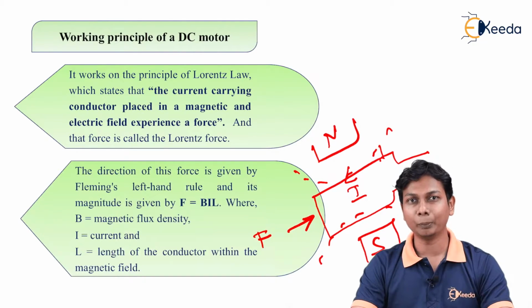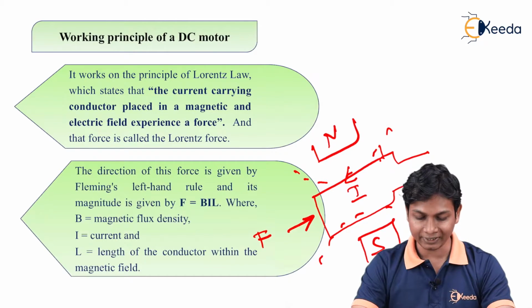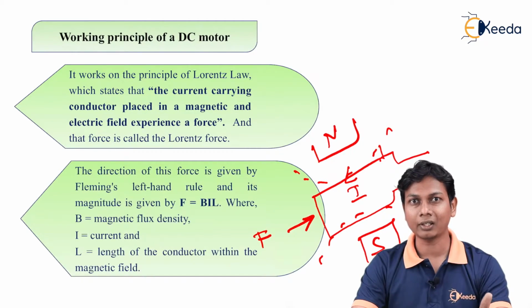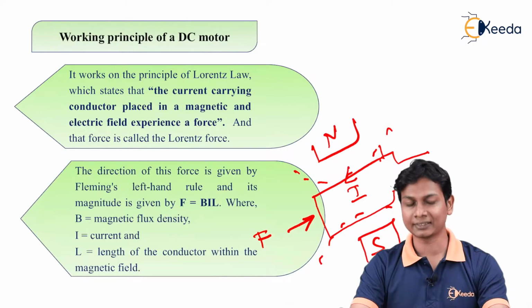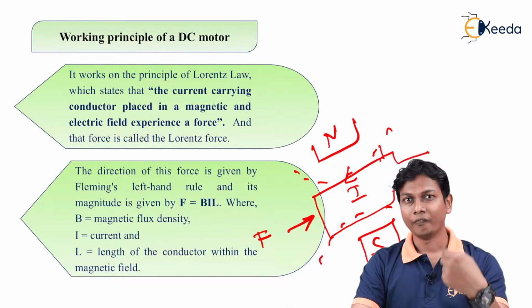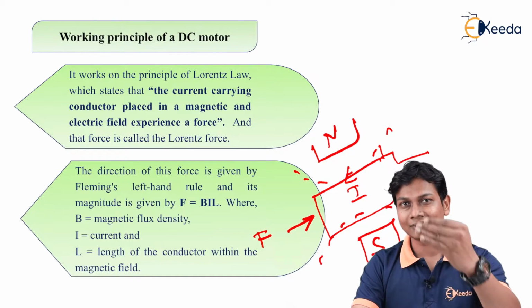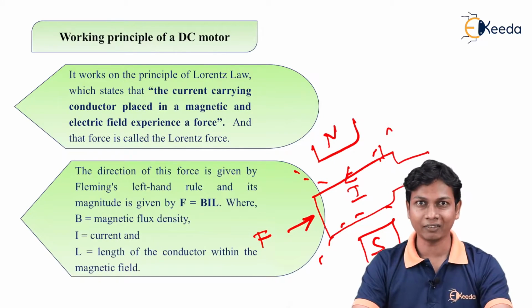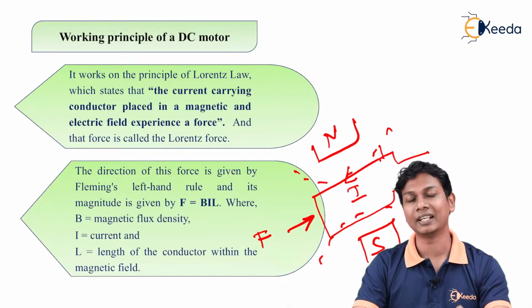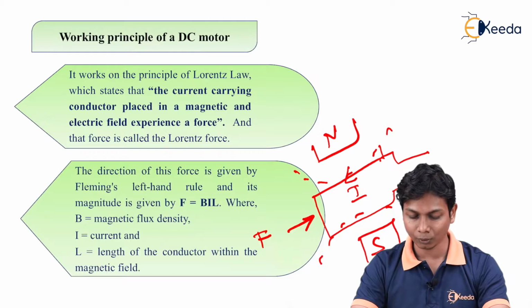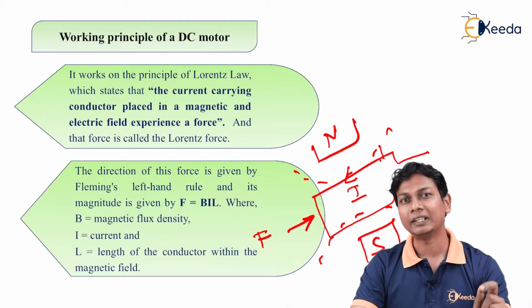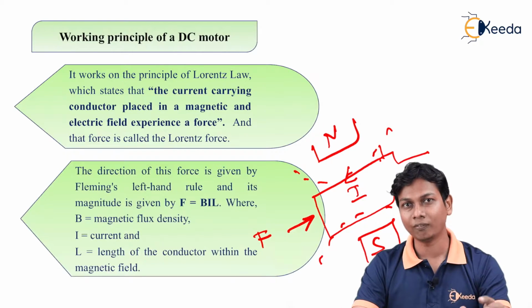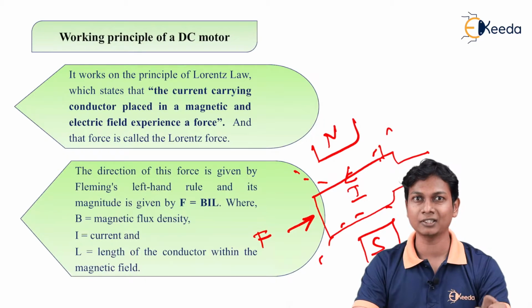As you know, when a conductor cuts a magnetic field, it produces magnetic flux, and the magnetic flux density depends upon the density with which the conductor cuts the magnetic field. So by calculating B, I and L, we easily know the value of force that can be experienced by this conductor.